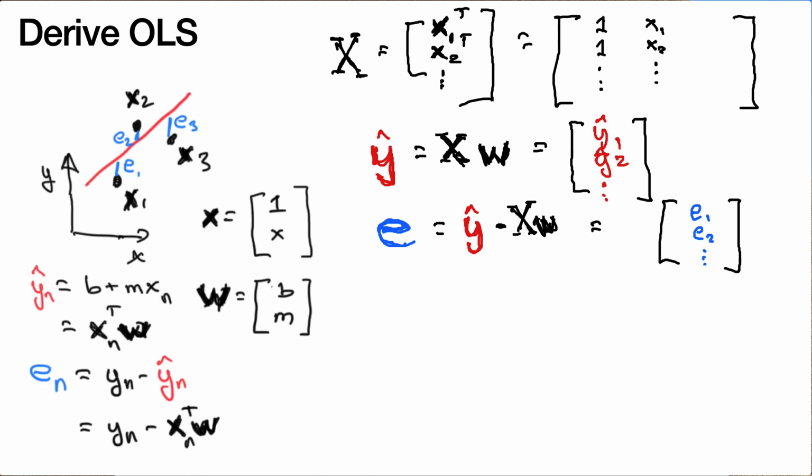Because I want to note for you one important aspect. All of these things are parameterized by the weights. So where the line is, of course, is parameterized by the weights. That's just about the definition of what we're trying to do, right? But the errors are also parameterized by the weights.